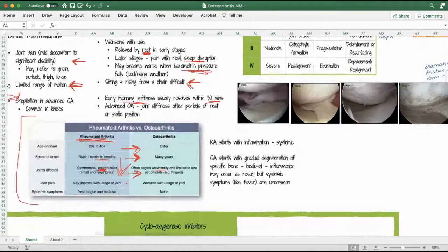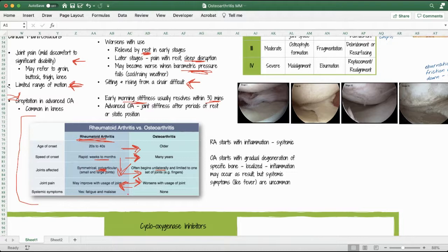This is a big thing too: osteoarthritis gets worse when you use the joint, and that's because it's grinding together without that articular cartilage there. Whereas rheumatoid arthritis is an inflammatory problem, and so it can sometimes get better when you move it, because you're increasing blood flow.